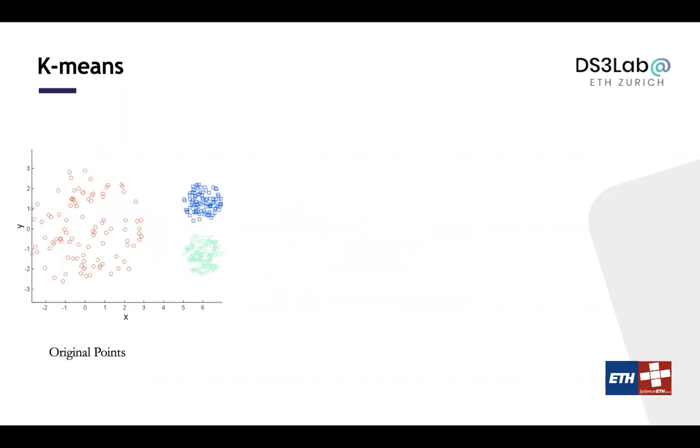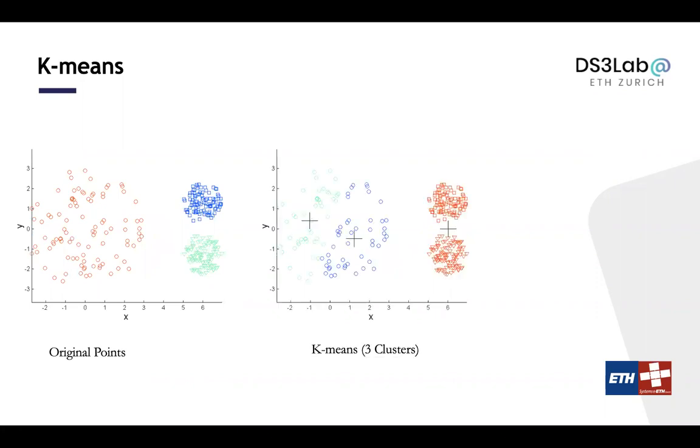This is another example, right? If you do k-means clustering, it might give you something like this, so don't be surprised.